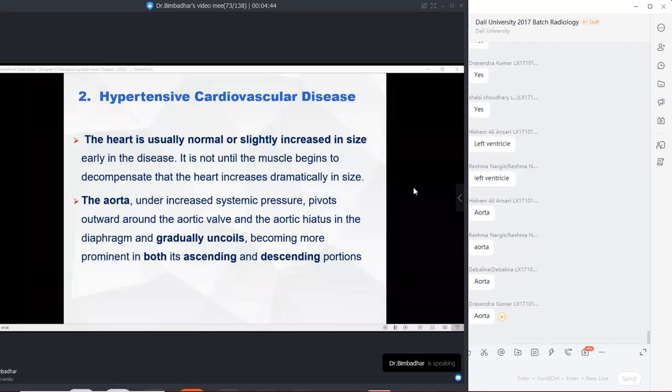What is hypertension? Is it vasoconstriction or vasodilatation? Is it vasoconstriction or both? Interesting answer. Okay, which component is higher? Is it constriction or dilatation?